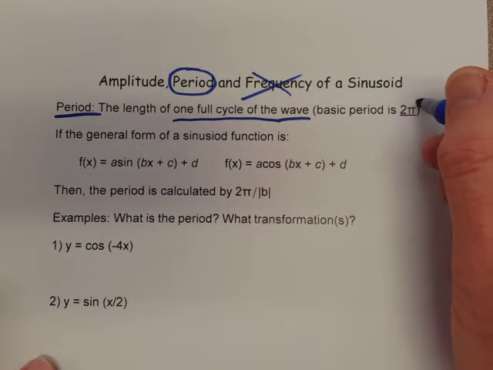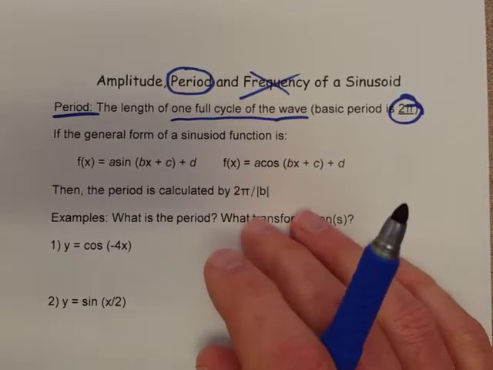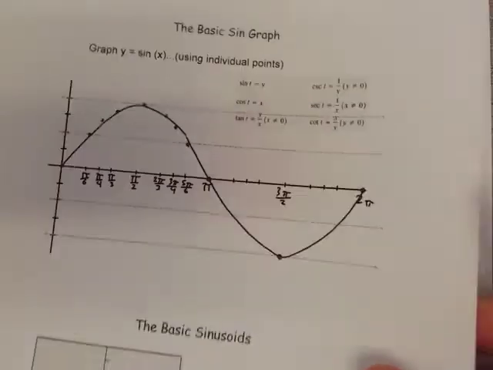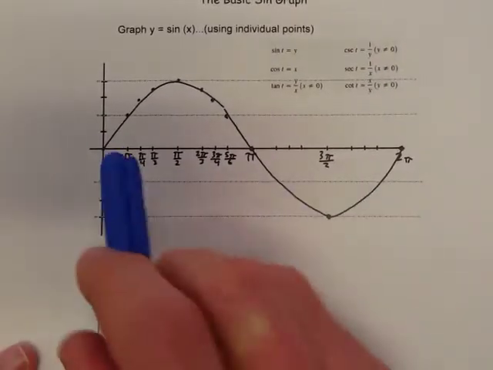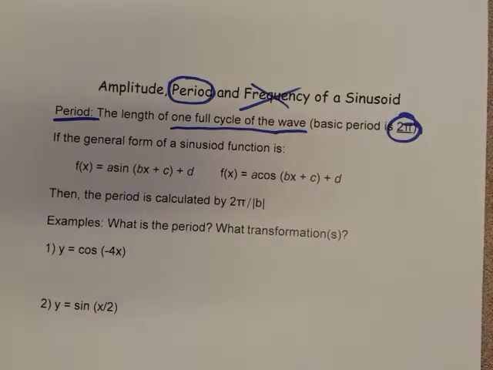Now the basic period's 2 pi if it is untouched. So if there aren't any transformations going on, then the period is 2 pi. And we saw that from our graphs earlier. For instance, this graph where it was 2 pi to get from here all the way to the end where it starts repeating itself.